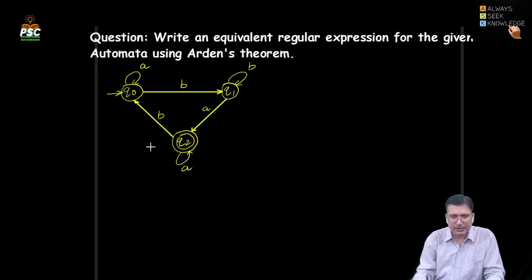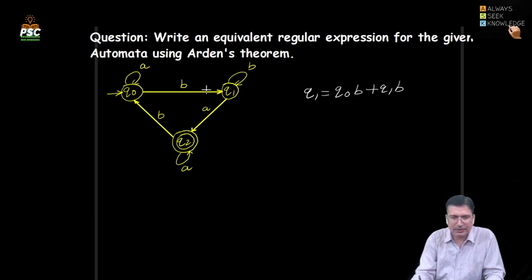In order to understand this clearly, let's say this is state Q1. If I want to write the characteristic equation of Q1, Q1 can be achieved from Q0 by following B, or from Q1 by following B also.